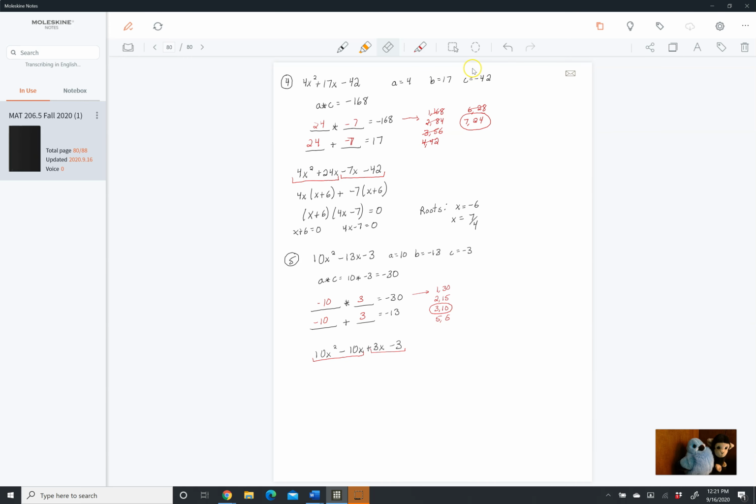So we factor out our common terms. 10x squared minus 10x has a 10 in common and an x. So we pull out a 10x. We are left, actually, I just want to make sure I did this right. Hang on.